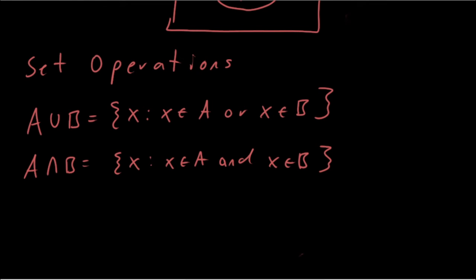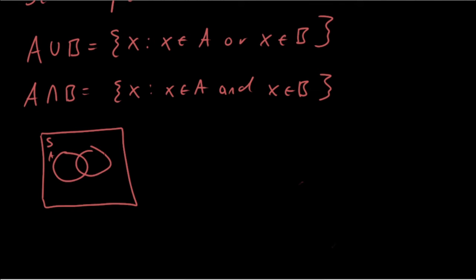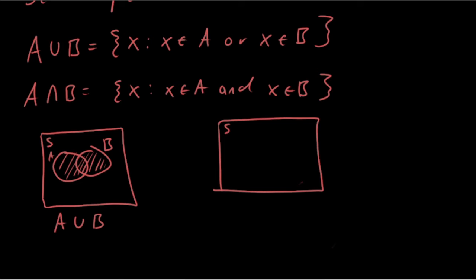This is our sample space S, this is A, and this is B. A union B is anything in A or B, so this is our A union B. And over here, with sample space S, A, and B, this would be the intersection where they share. An element has to be in both A and B to be in the intersection.